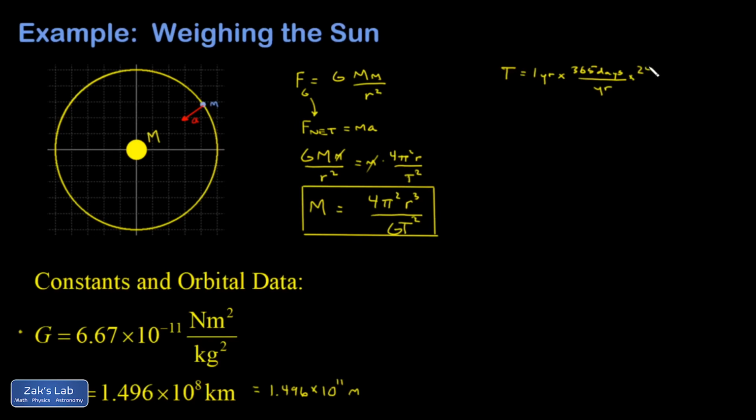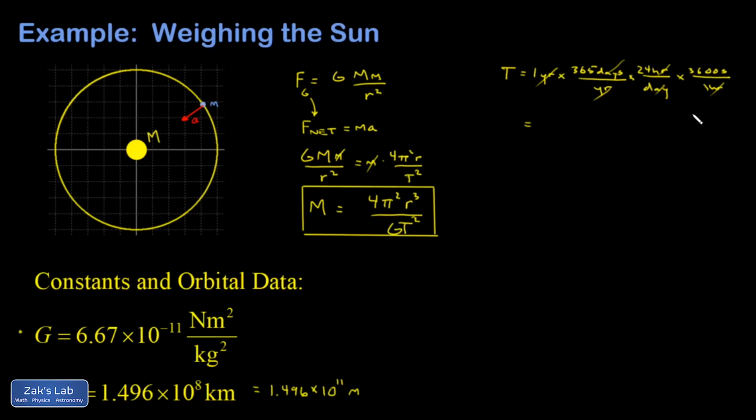And 24 hours in a day. And 3,600 seconds in an hour. That's 60 minutes, 60 seconds each. Years cancel, days cancel, hours cancel, and I end up with my period written in seconds, which is a lot of seconds.